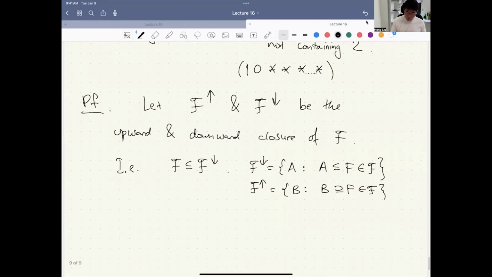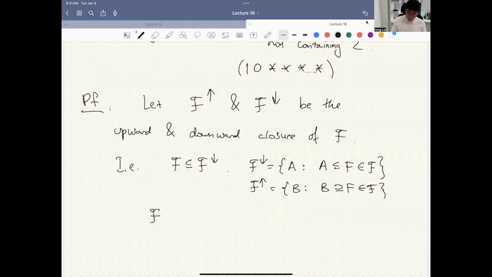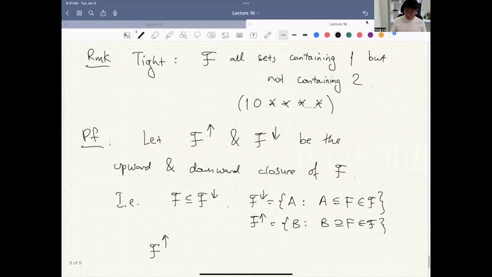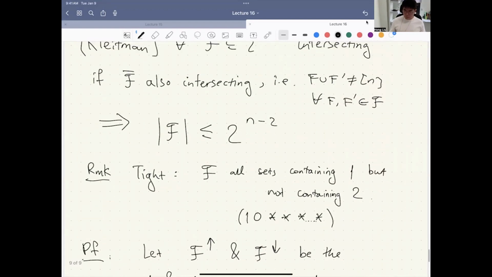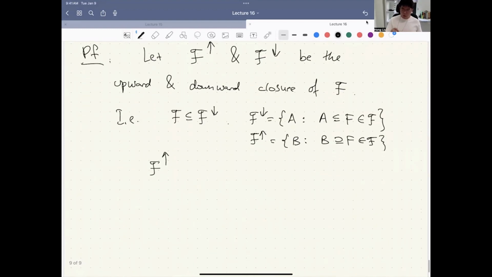Now let's look at each one of them. For this upward closure, how do we view it? F consists of all the sets satisfying two properties. All the sets that are pairwise intersecting. This is property 1.